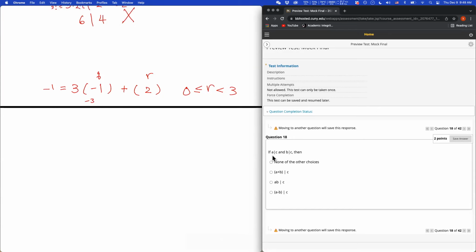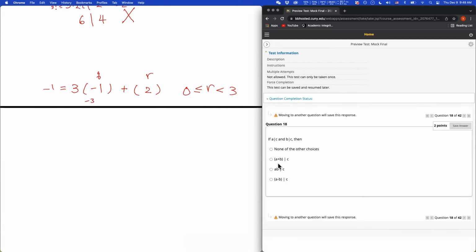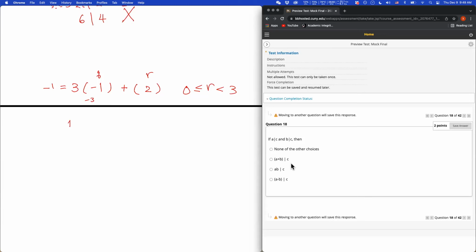Okay, so here we have: if A divides B and A divides C, we show which of the following is true. Well, let's check whether A plus B divides C. Let's do an easy one. We know 1 divides everything, so 1 goes into 3 and 1 goes into, let's say, 5.